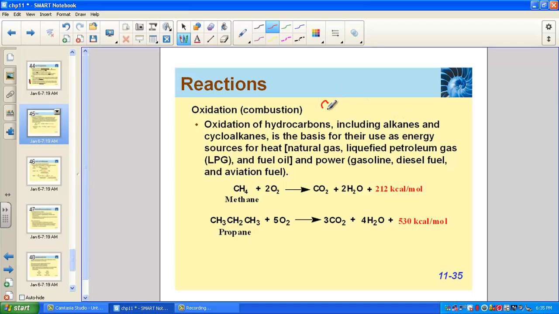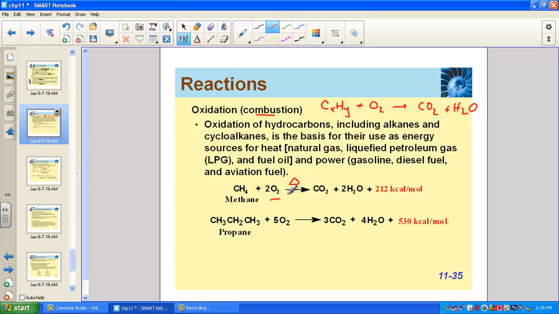Any type of hydrocarbon, C something, H something, where those somethings are called subscripts, when they combust, they ignite, we burn those fuels, and we always have the same skeleton in our pattern. You add oxygen. Remember, anything that is burning requires oxygen.